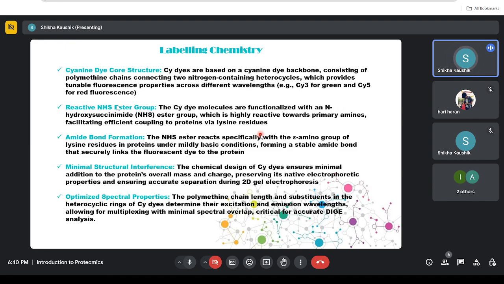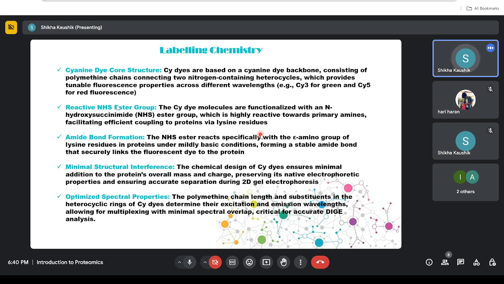So cyanine dye has a core structure consisting of polymethylene chains connecting two nitrogen containing heterocycles, which provide tunable fluorescence property across different wavelengths. For Cy3 it's green, for Cy5 it's red, and you have a combined effect as well.